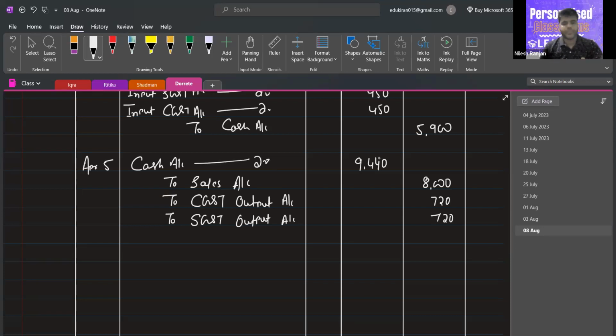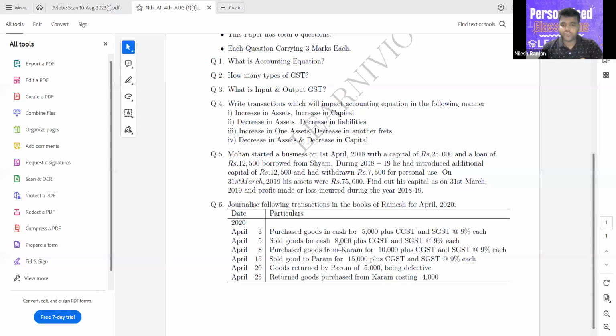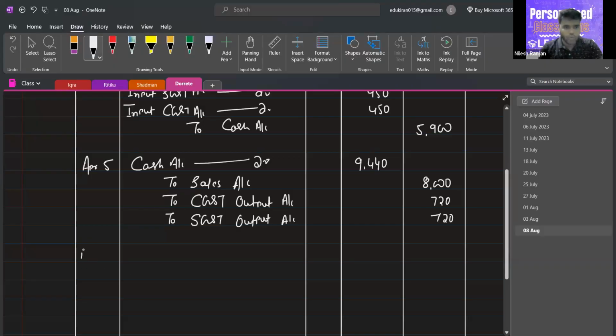Yes, sir. The third is purchase goods from Karam for 10,000 plus CGST and SGST. Now we are purchasing goods on credit because it is not written cash.